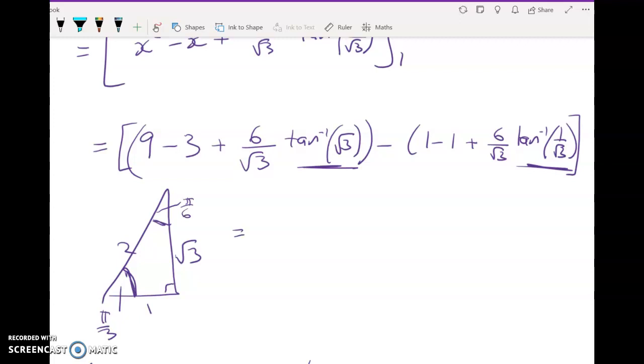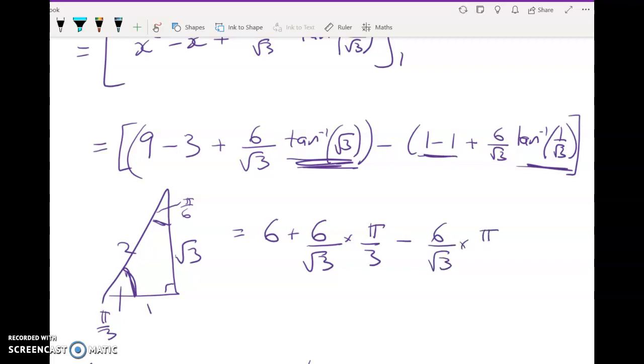So all up, this gives me a bunch of stuff. I get 6 plus 6 on root 3 times the angle whose tan is root 3, which was pi on 3, minus 6 on root 3 times pi on 6, I think. Let's see.